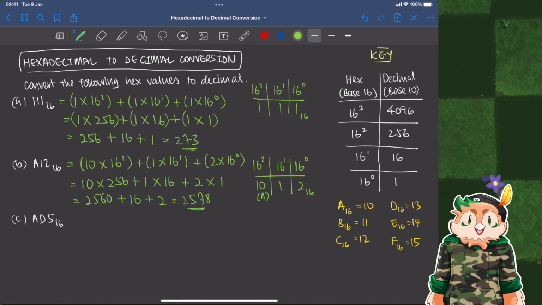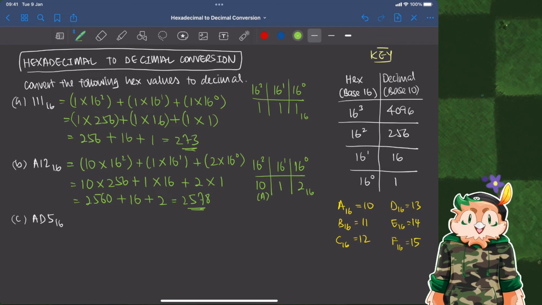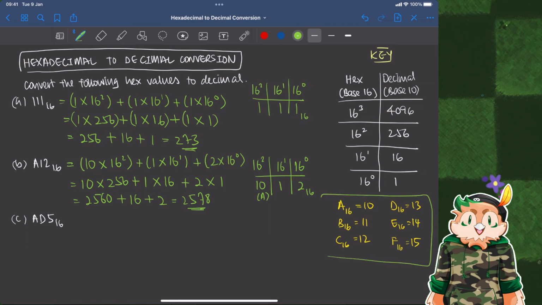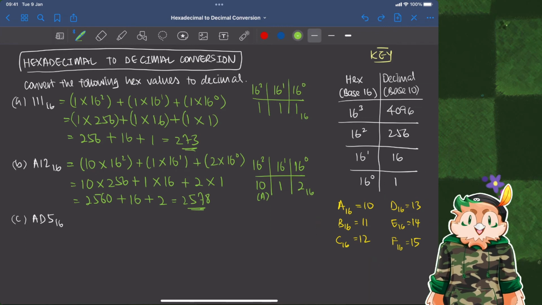Now for one more practice, we're going to deal with another hexadecimal number. This time, two of the digits being used here require use of this key right in here, since they're essentially letters in the hexadecimal number system. So again, we're going to resort to the table.